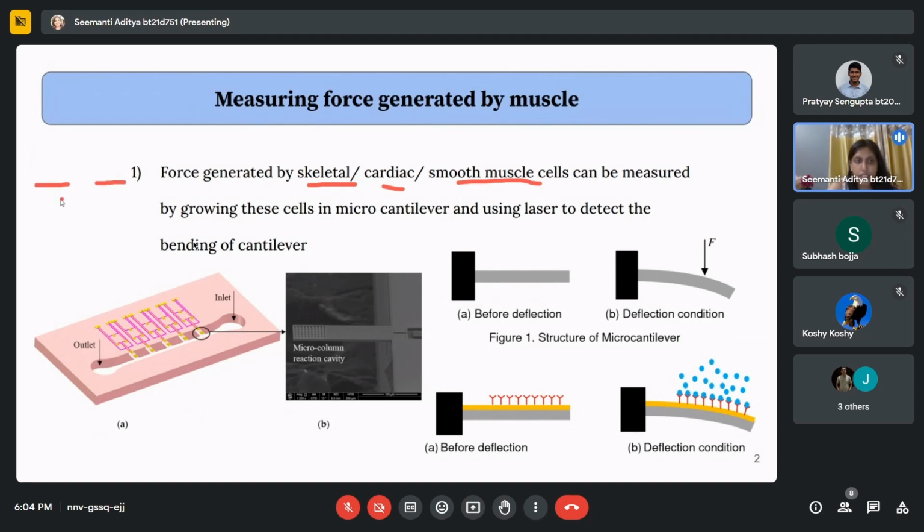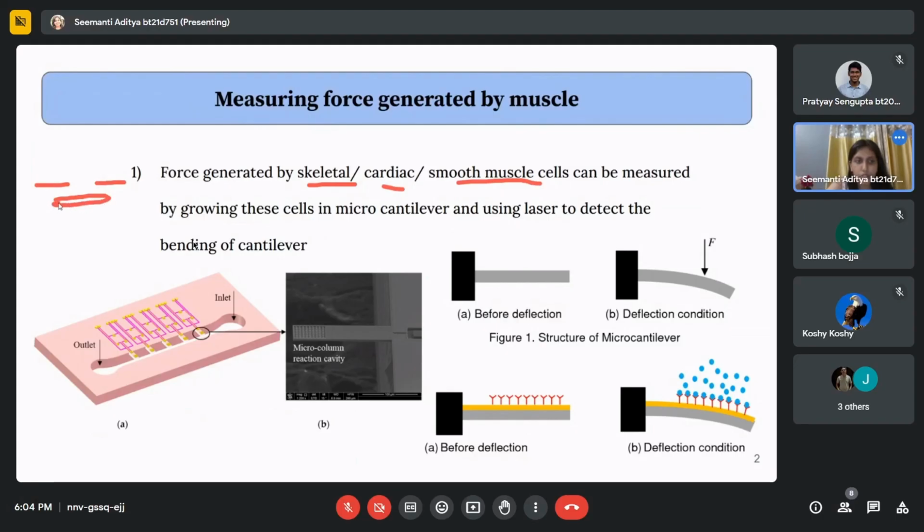So these are the actin filaments, and this is the myosin filament. This myosin has heads which can bind to the actin like this, and because of its binding to the actin, it can pull the actin filaments together. So the actin filaments will come close, and the muscle will contract.